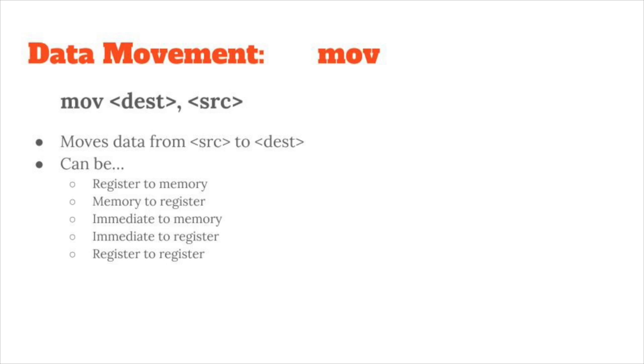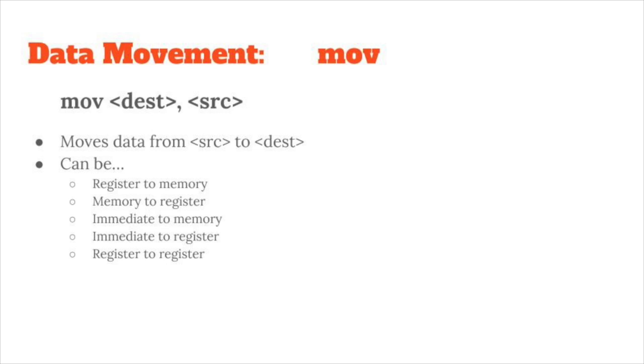Now, of course, there are different ways that data is stored. One is in the registers, which are the data inside of your processor. Then there's also memory, and there are immediate values. An immediate value is just writing a number, so mov RAX, 5 would be an example of moving an immediate to your register. You can also reference memory using special things.